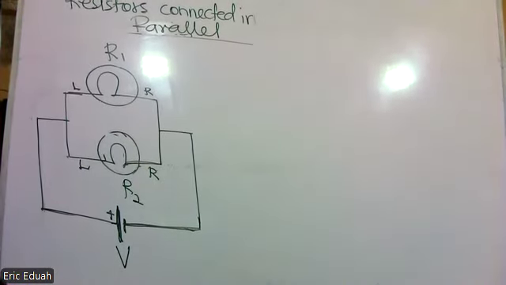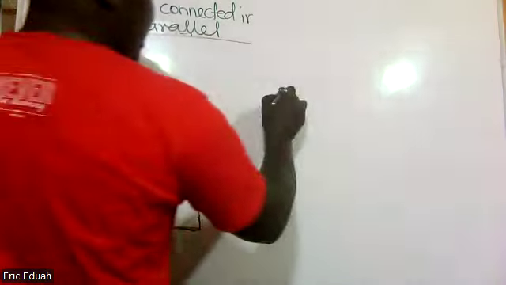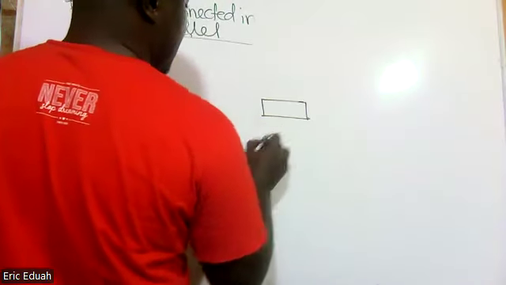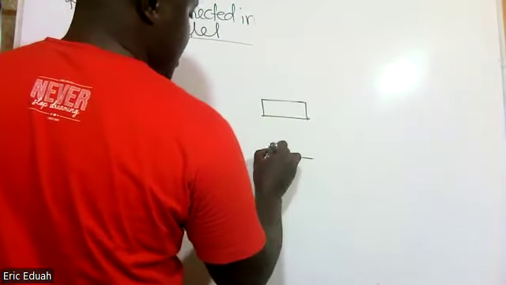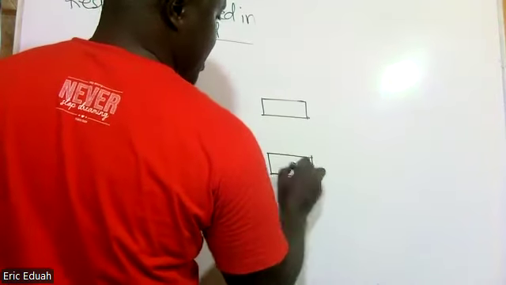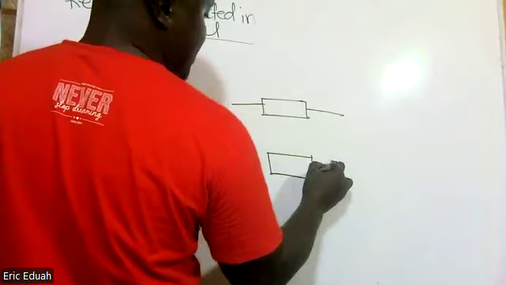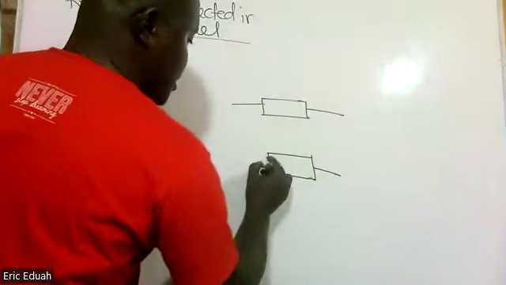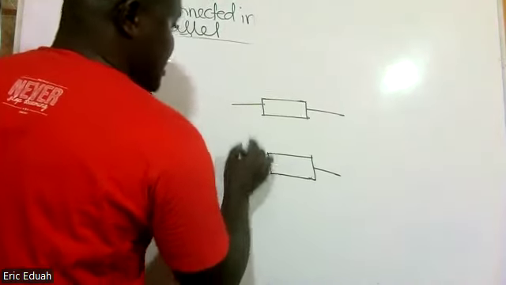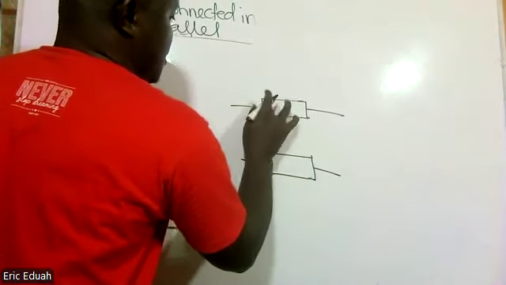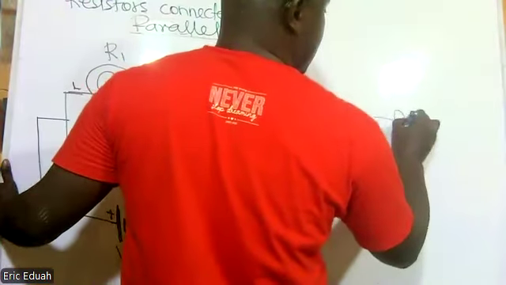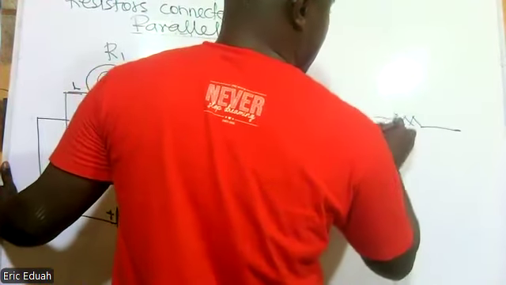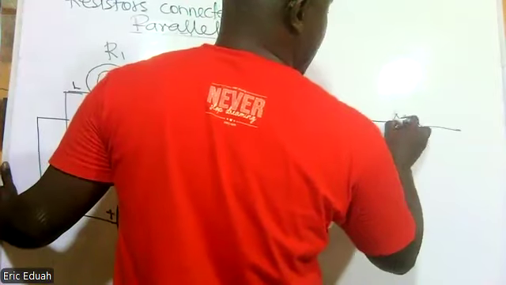So if you have resistors connected in parallel, two resistors, this is one, this is another. In a circuit, a resistor can be drawn as this, or this.